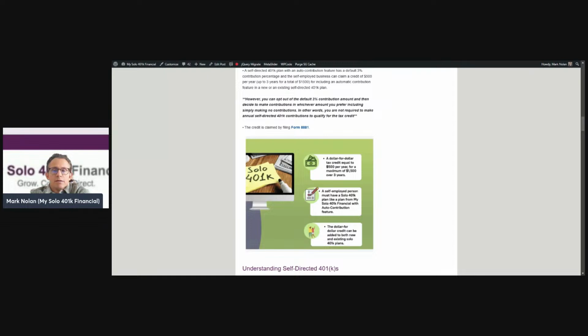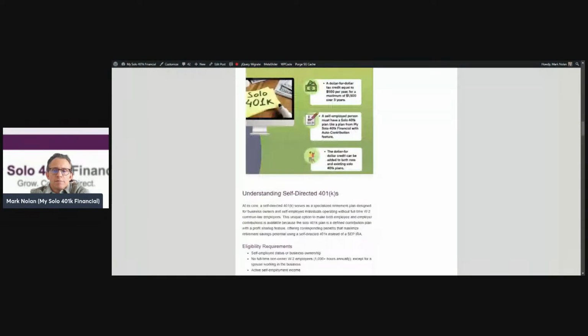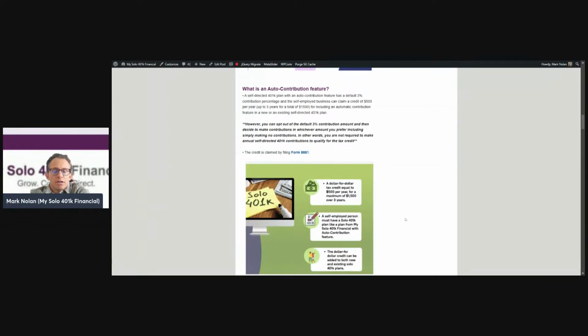Essentially, you're going to file Form 8881 each year to get that $500 auto contribution credit. So this year in 2025, if you open a plan, for instance, or if you add it to your existing plan, then this would be the first year.